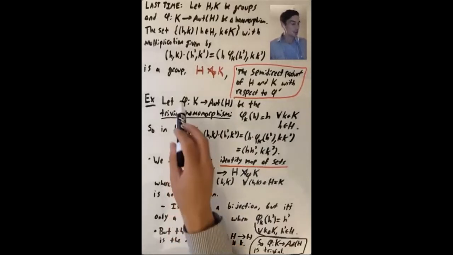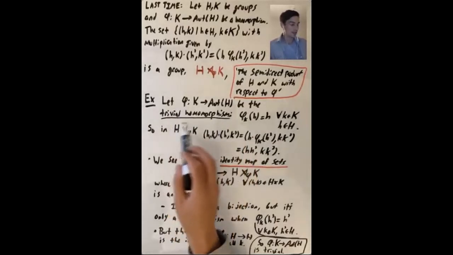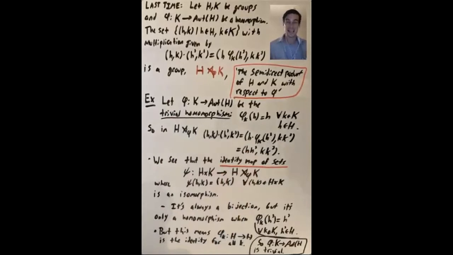Because when you choose the trivial homomorphism, this semidirect product is the direct product. If you just take the identity map of sets, where you take a pair (h, k) and send it to (h, k), the first in the direct product and the second in the semidirect product, this is an isomorphism from H cross K, the direct product, to H semidirect product K.